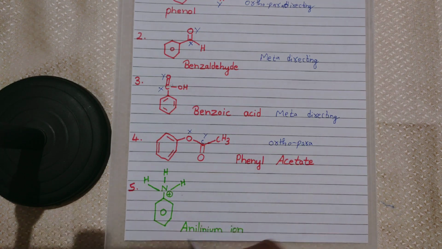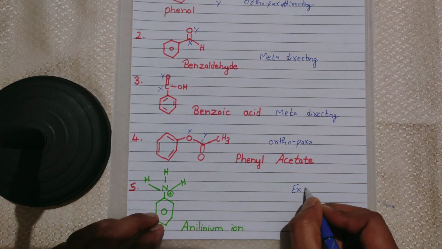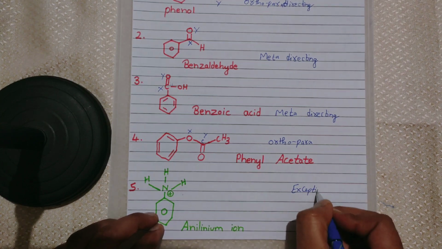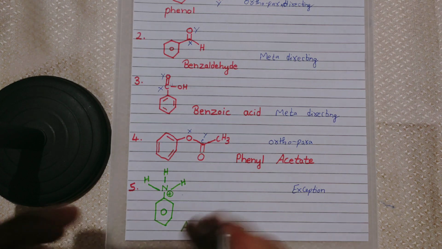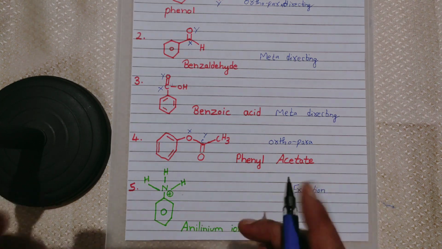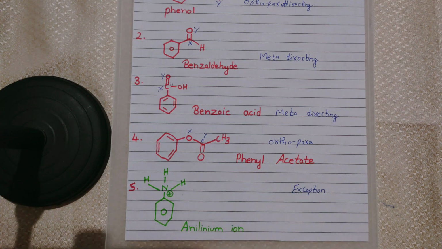Now ultimately I'll come to a very important compound, the anilinium ion. This is an exceptional case. Almost all tricks, especially in chemistry, have one or two exceptions. In this complete shortcut trick video, the only exception is the anilinium ion.